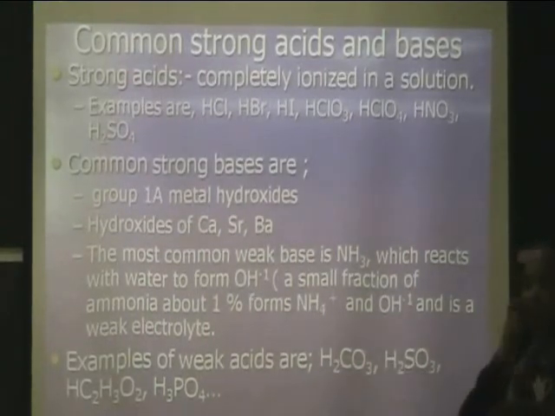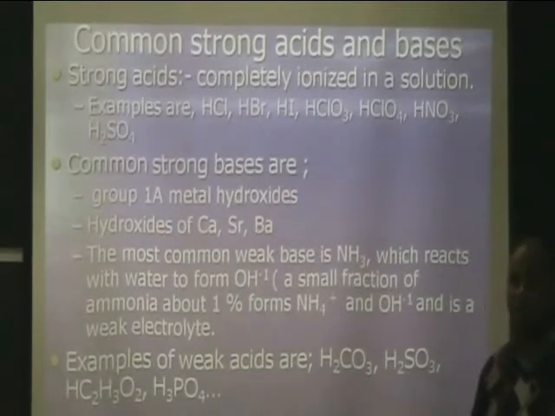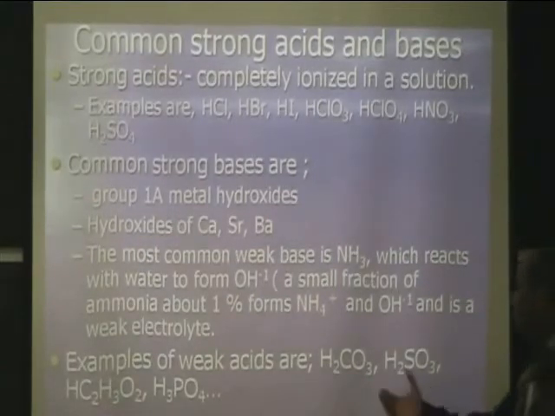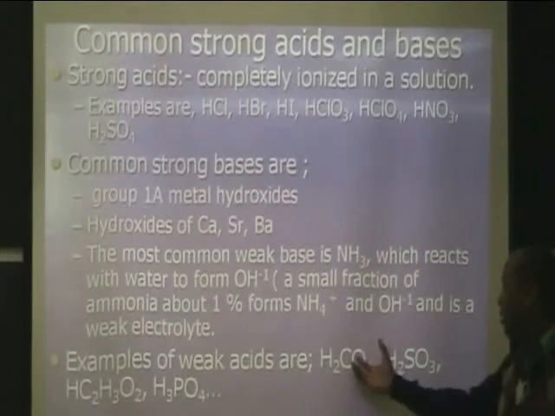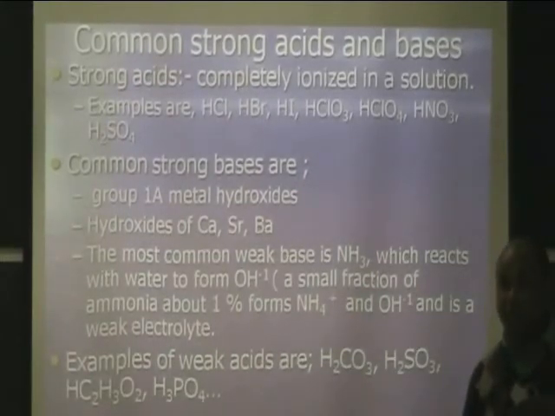Carbonic acid doesn't fully dissociate because carbonate is not soluble in water. Carbonate is actually soluble with alkali metals like sodium, potassium. But carbonic acid, when it dissociates, doesn't form carbonate, but rather forms carbon dioxide because it's more stable. Carbon dioxide in water.